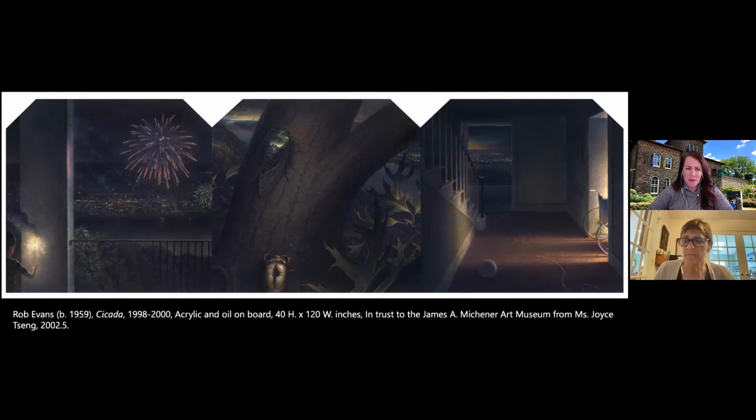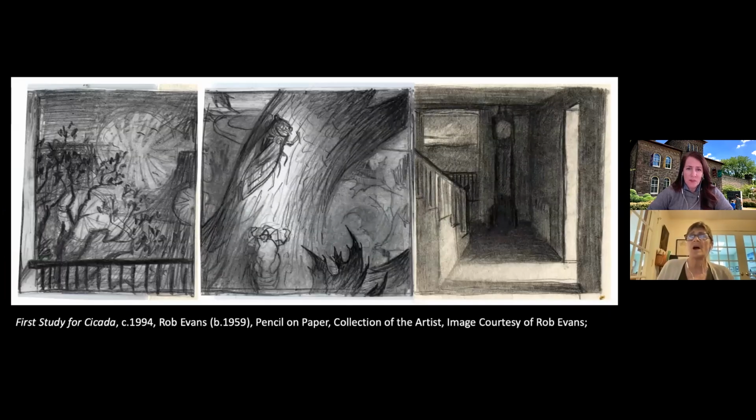I think it would be interesting to just show everyone what it looked like when he was starting out. Certainly did not end this way, but starting out. And he painted this painting over 3 years. Wow. And evidently he showed it 7 times before he decided it was done.